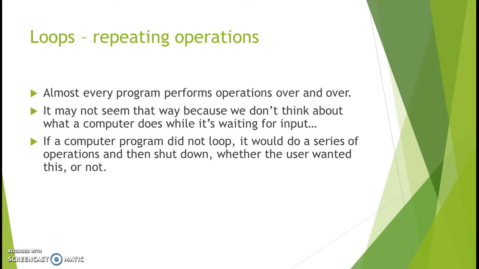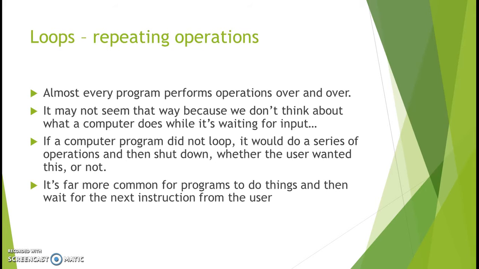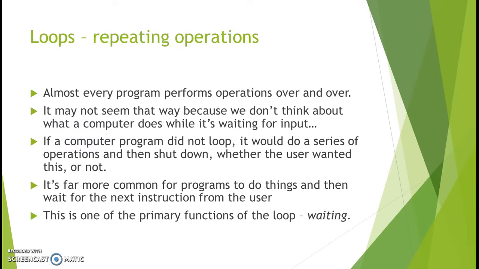But if a computer program wasn't looping and monitoring the keyboard, for example, it'd just do a series of operations and then shut down whether the user wanted it to do so or not. And really, it's much more common for programs to execute something that the user wants to be done and then wait for the next instruction from the user. And this waiting aspect is one of the primary functions of a loop.